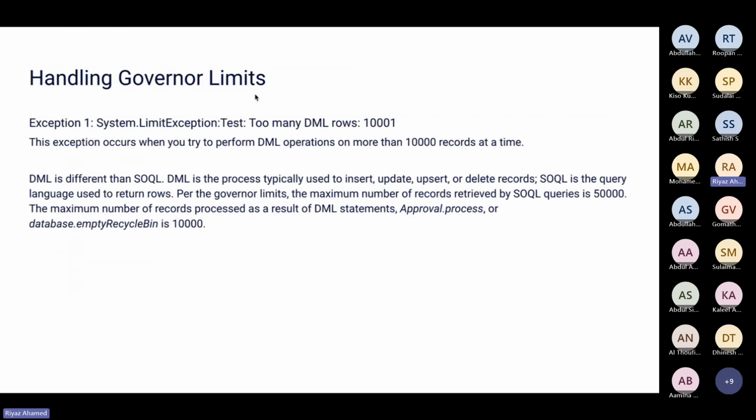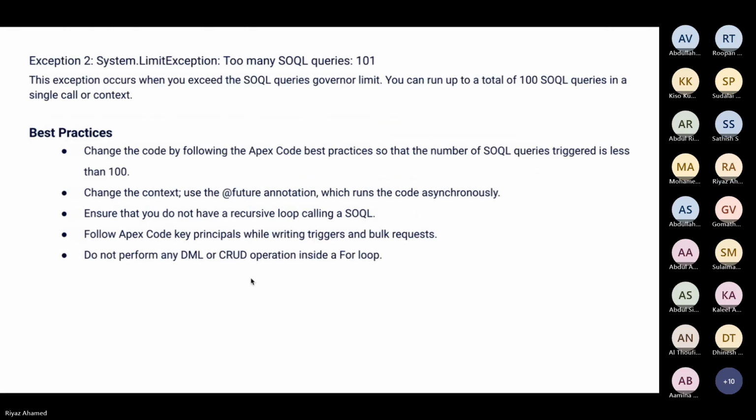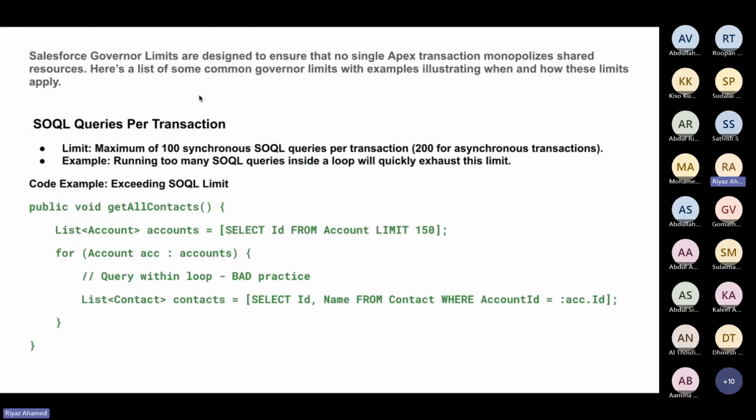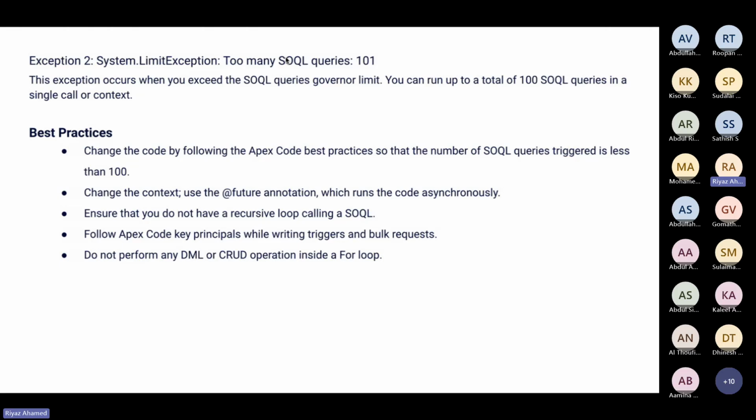These are all the governor limit handling errors. If the records exceed 10,000, it will throw this error: System.LimitException, too many DML rows. See, when it comes to 10,001, it will throw an error. So you need to process only 10,000 for the DML. But for a single call, you can do up to 101 for SOQL queries.